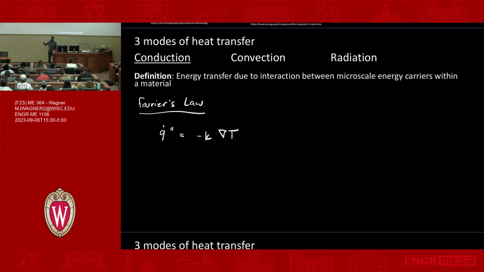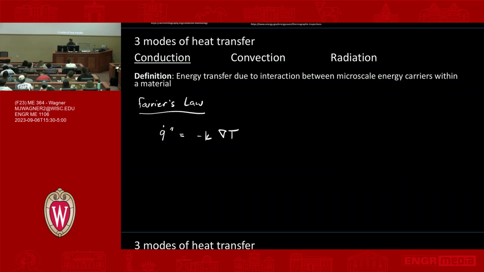What these things are, so Q dot double prime, so remember Q dot is our rate of heat transfer. K is conductivity, right? This is the conductivity, it's a material property. And then the gradient T is basically the operator, the differential operator on temperature with respect to space.